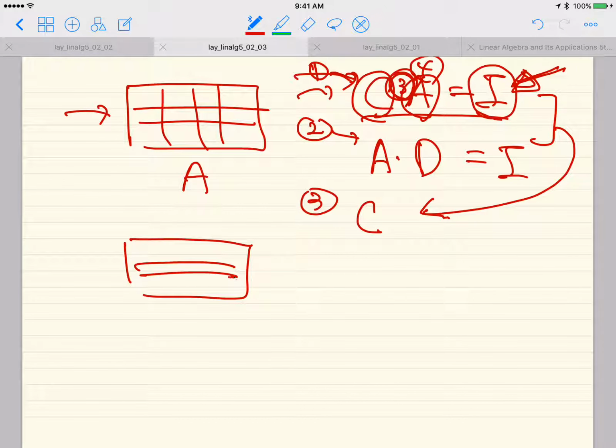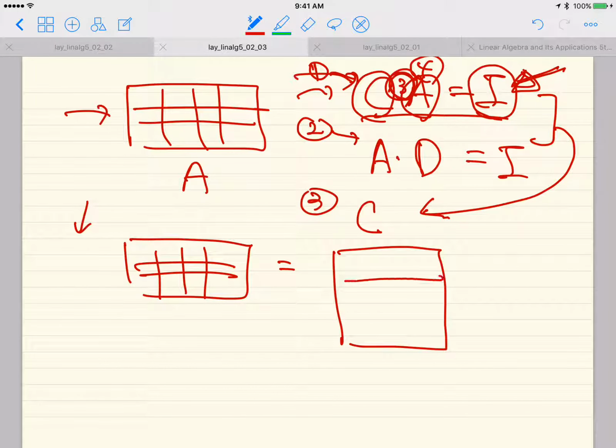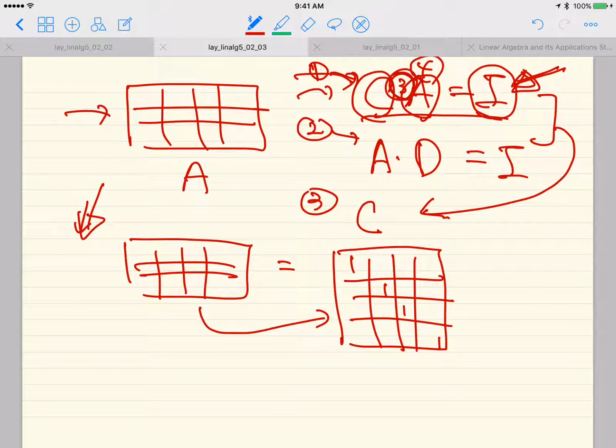So A, which is 3 by 4, we multiply some matrix on the left, and then we have to obtain this 4 by 4 matrix, in order to be able to call it an identity matrix, 1, 2, and so on. Can we convert this matrix into this by multiplying some matrix here?